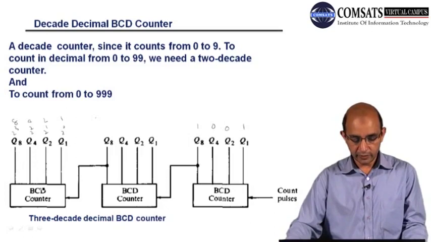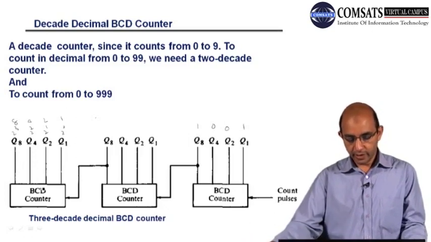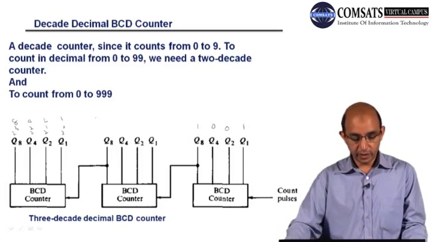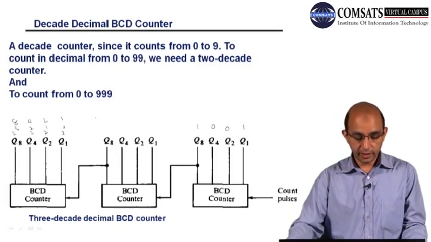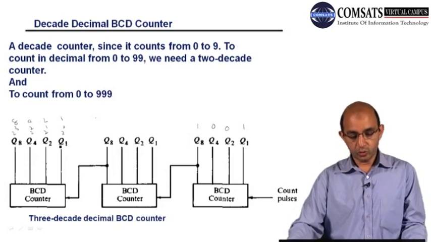So you can have a counter like this. If we have one BCD counter, it can count from 0 to 9. It starts from 0 0 0 0, and then we can have 1 0 0 1, that is 9.